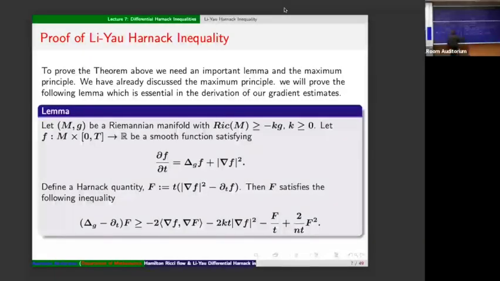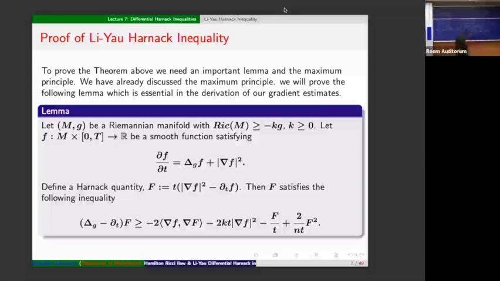So with this, I can now compute the Laplacian of f, which is the Laplacian of t times |∇f|² minus the derivative of f.